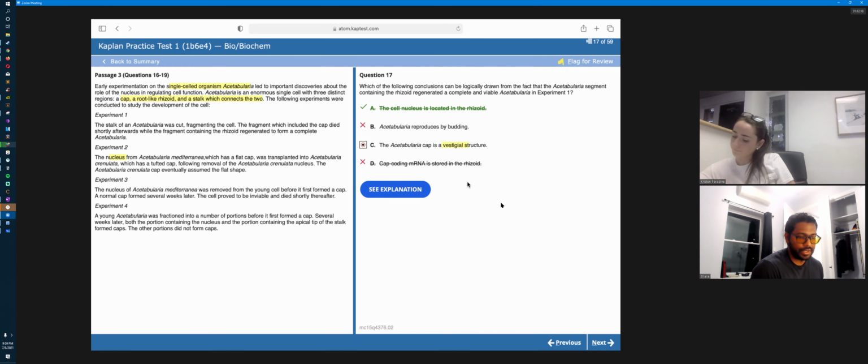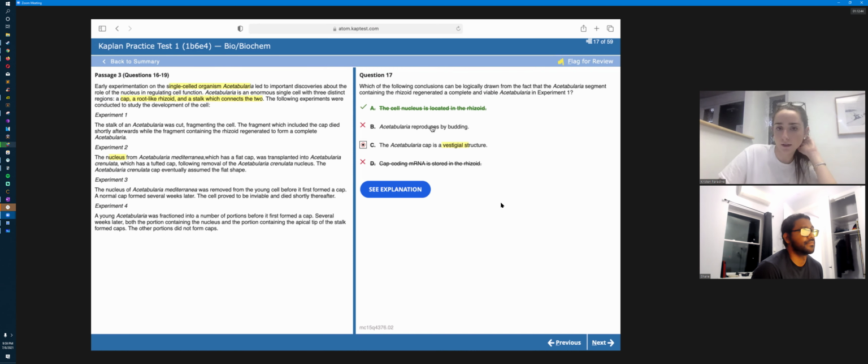If we don't have a nucleus, it won't be viable. If we have a rhizoid, it will be viable. So, therefore, the nucleus and the rhizoid are the same. Or in this case, the rhizoid contains the nucleus. Oh, I see what you're saying. Okay. Yes, we're good.